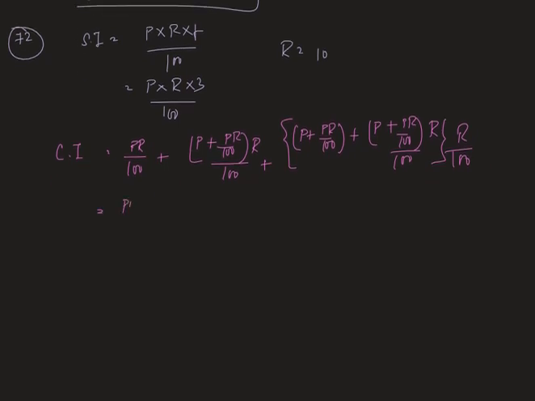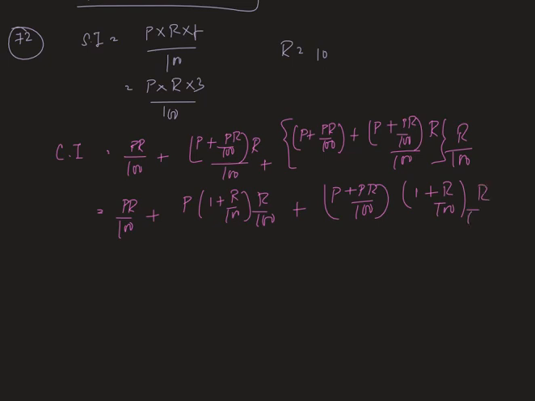So this reduces to PR divided by 100 plus P into 1 plus R divided by 100 into R divided by 100. Here we get P plus PR divided by 100 multiplied by 1 plus R divided by 100 into R divided by 100.